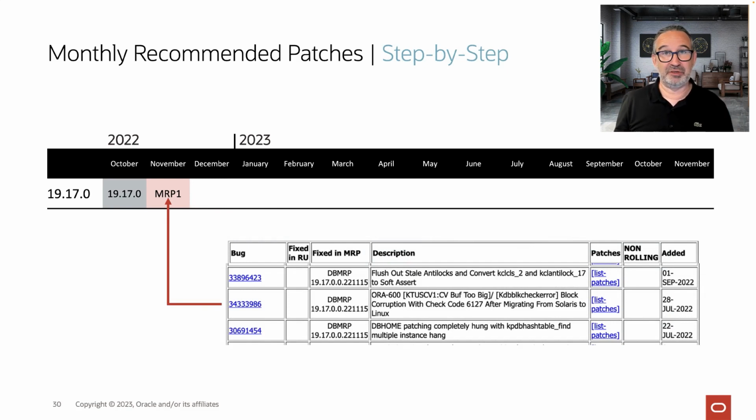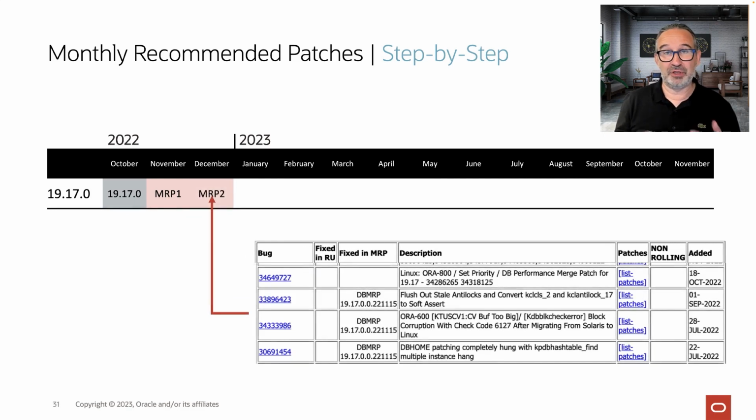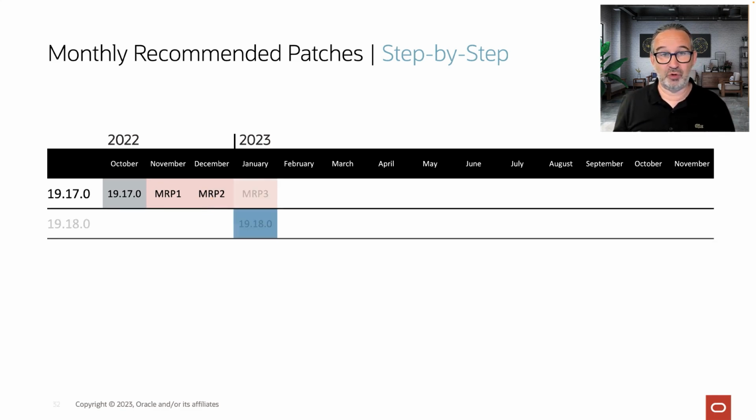So it started with 19.17. And a month after releasing 19.17, in mid-November, we released the first MRP, the first monthly recommended patch. And it included a few fixes. And you see here a snippet of MOS note 555.1. Now, a month later in December, we have learned a bit more. There may be a new issue now in 555.1, and we include that into the MRP too. And so we march forward.